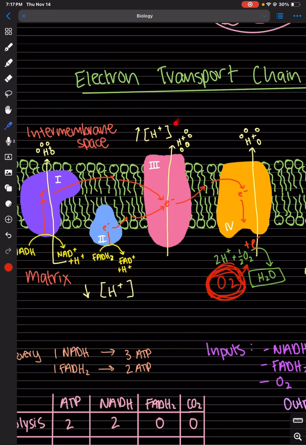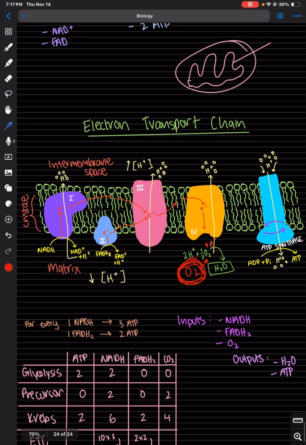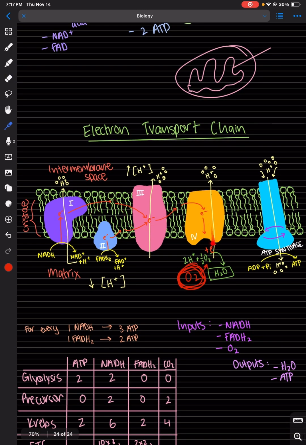These hydrogen ions are going to get pumped against their gradient, and the electron is going to be passed to complex number 3 and then complex number 4, where again the electrons are going to meet oxygen and make water, okay?